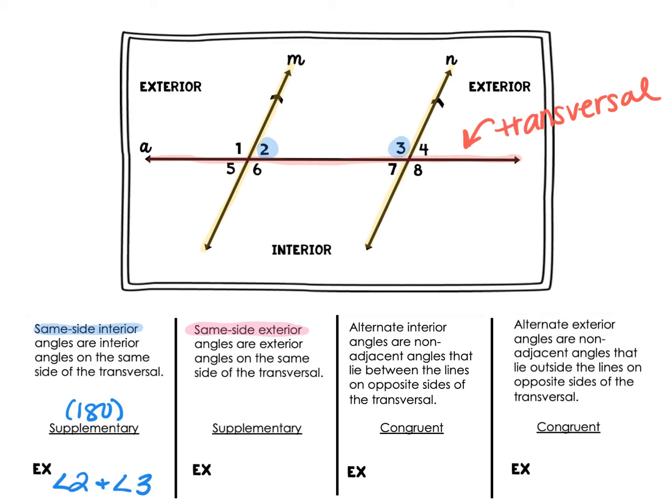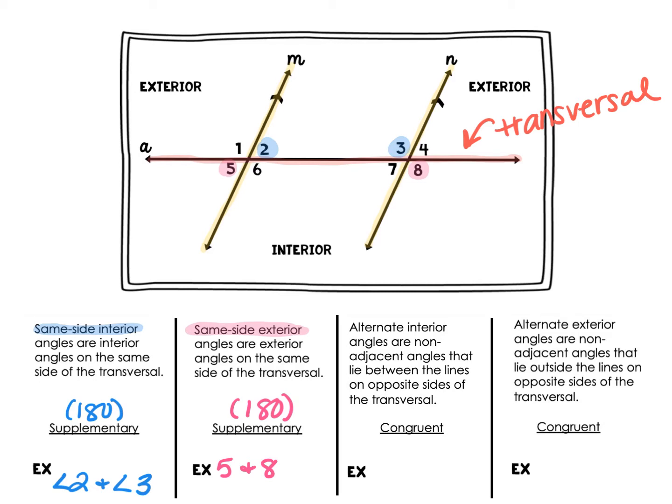And we're looking for ones that are either both on top or both underneath the transversal. So an example of same side exterior angles would be 5 and 8. These are also supplementary, which means they add up to equal 180 degrees.